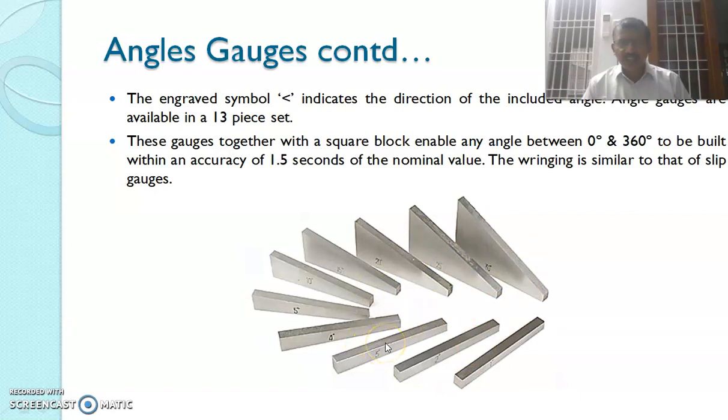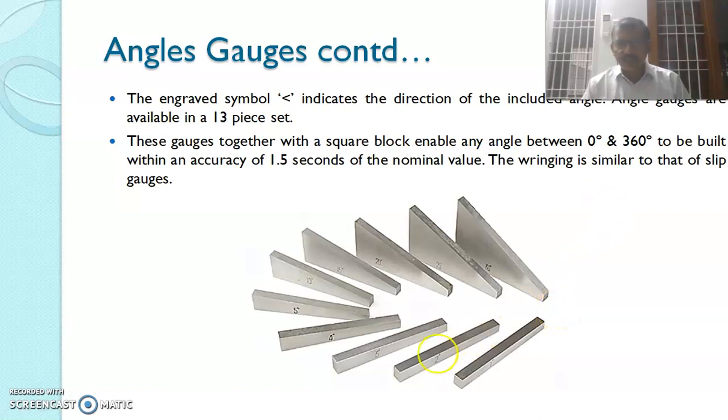Angle gauges are available in a 13 piece set or a 16 piece set. We place the gauges together with the square block to enable any angle between 0 and 360 degrees to be built within an accuracy of 1.5 seconds of the nominal value.